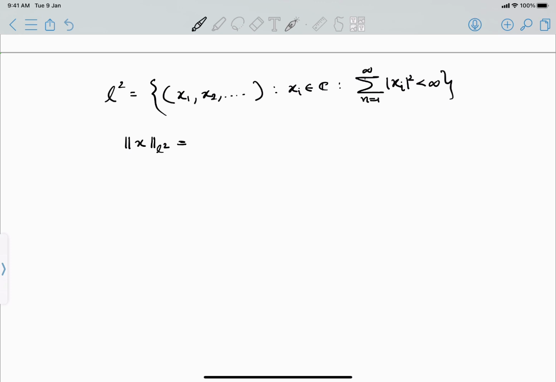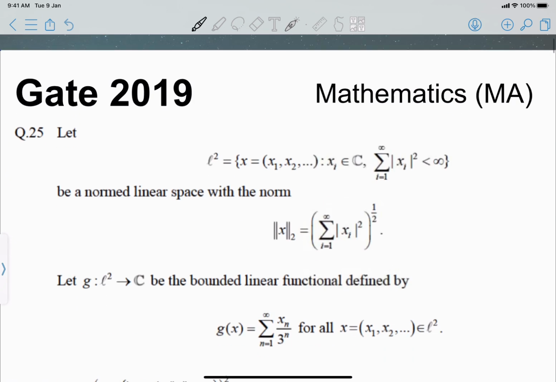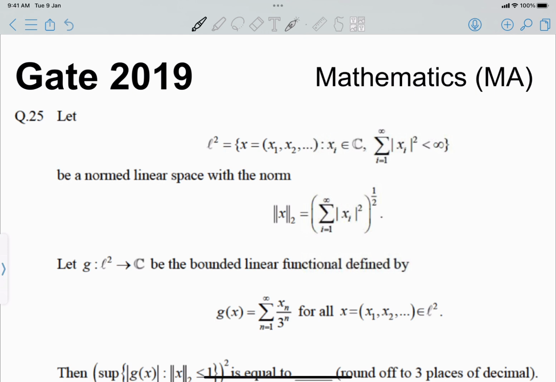The L2 norm is given by the summation n equals 1 to infinity of mod xn squared, to the power half.